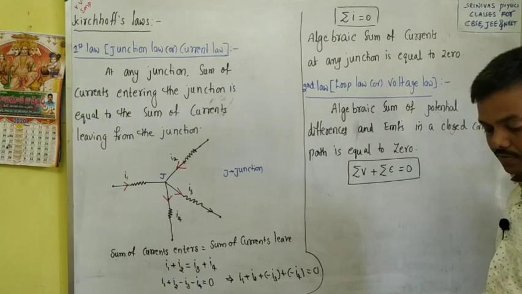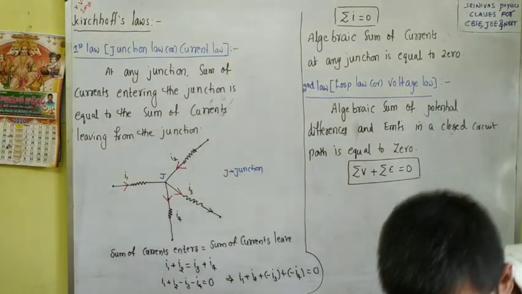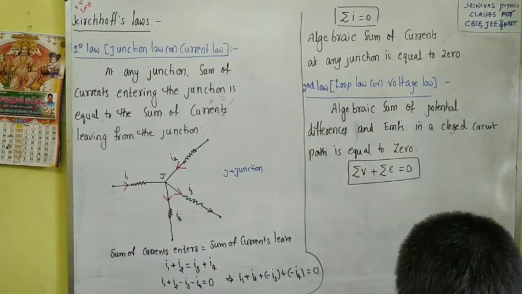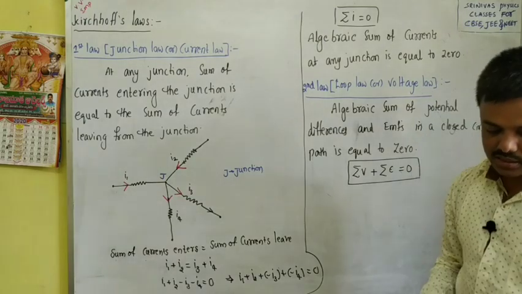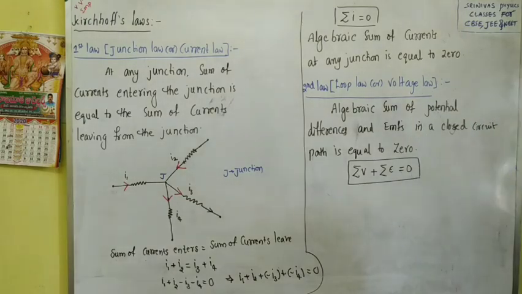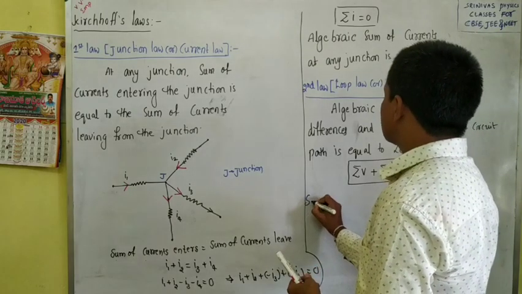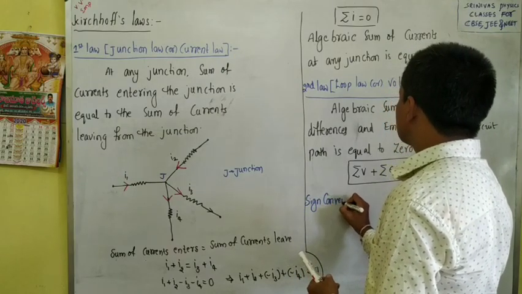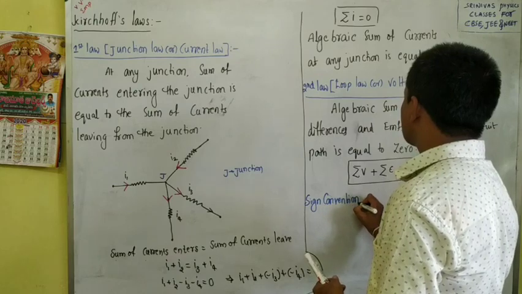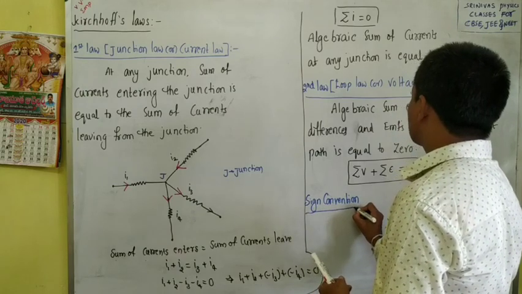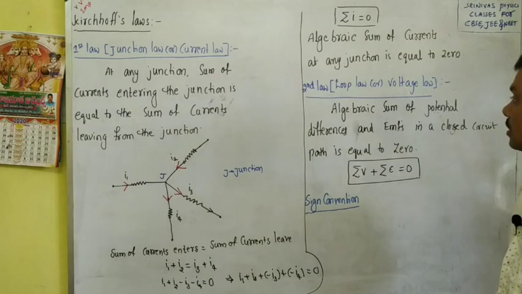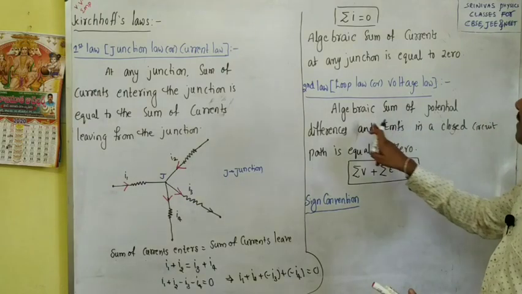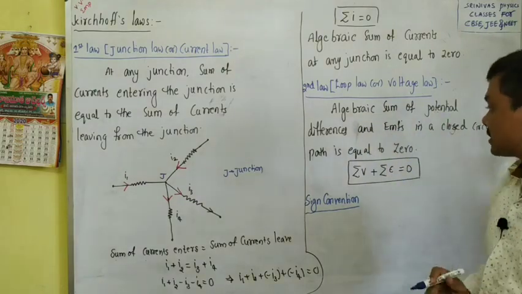Now let us try to apply this second law at some places, and to apply the second law we require some sign convention rules. Now I am going to explain the sign convention rules. In some books it may be given simply as the algebraic sum of potential differences equal to 0.